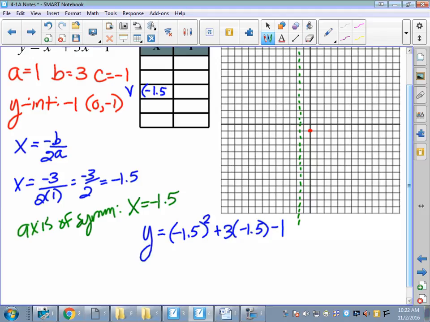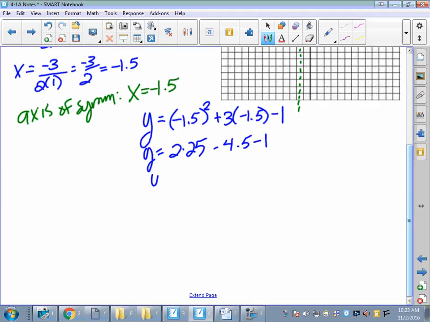When you square this, you could do it as a fraction or a decimal. -1.5 times -1.5 gives you 2.25. And 3 times -1.5 is equal to -4.5, minus 1.